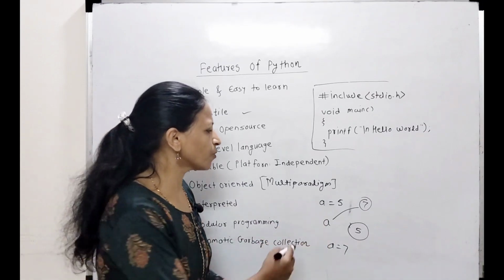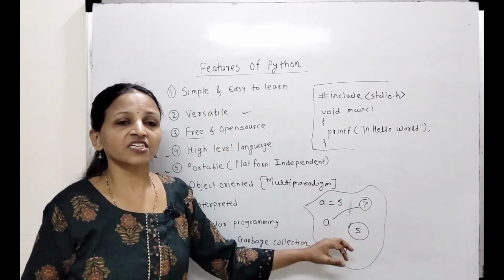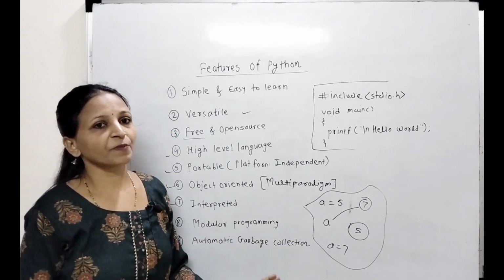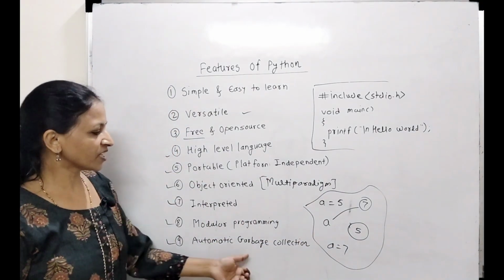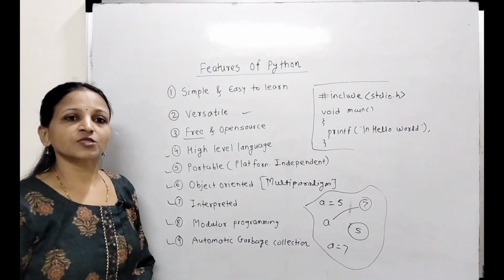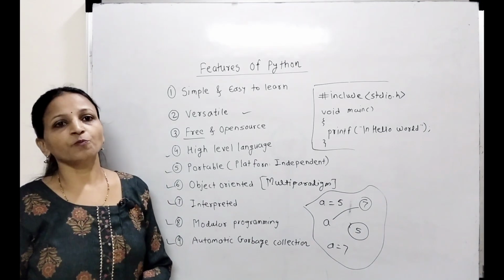Whatever garbage collection functionality there is, that is automatic in Python. That's why it is called automatic garbage collection. Now memory management is the responsibility of Python itself. That is not the responsibility of the programmer.